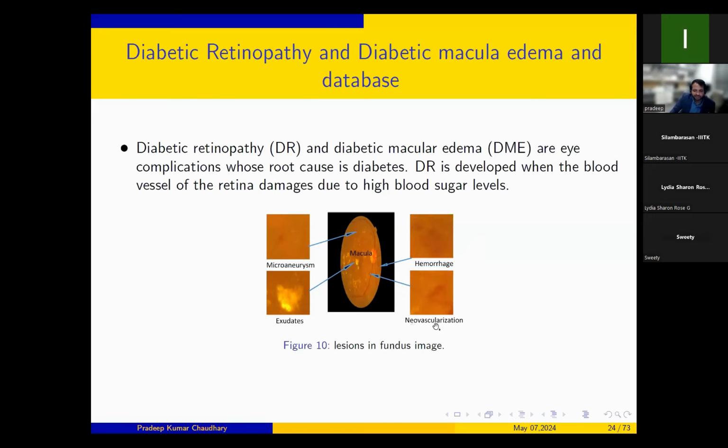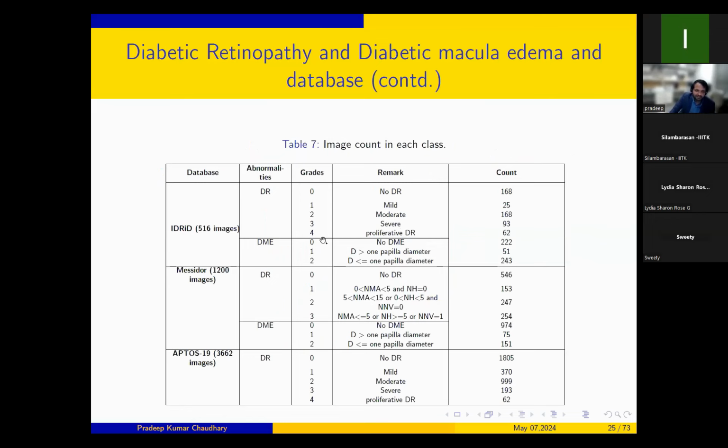Similarly, there is neovascularization. When there is pressure, there is formation of new, very small, tiny vessels, which is called neovascularization. Based on these biomarkers, they can be graded into different forms. So I have collected databases from 3 publicly available sources, and on the basis of these abnormalities, they can be classified into different grades.